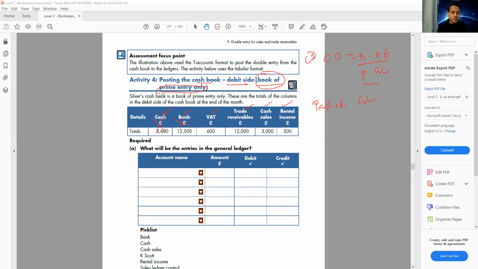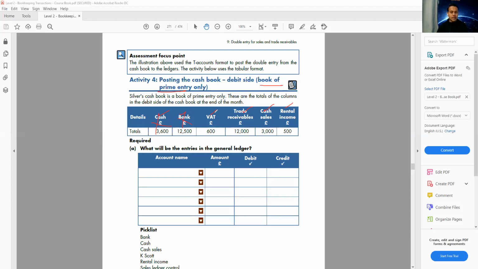You don't have to take these two again. But if they say it is a book of prime entry, that means it's never written anywhere, so you record everything. We'll do some practice anyway, but remember that. If the question says this is a book of prime entry, you take everything: cash, bank, VAT, trade receivables, cash sale, rental income, everything. But if the question says it is part of the general ledger, part of GL, then don't take cash and bank, and take the rest.